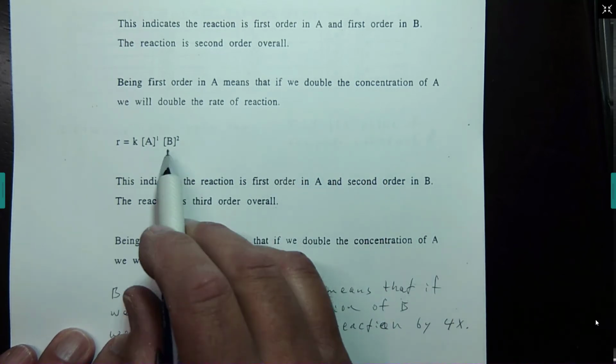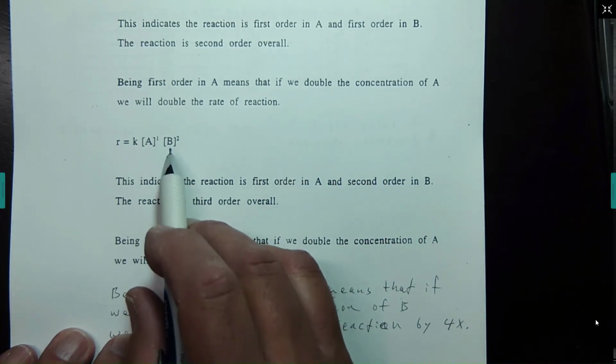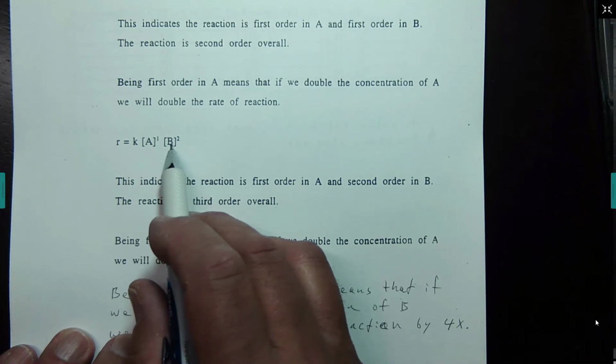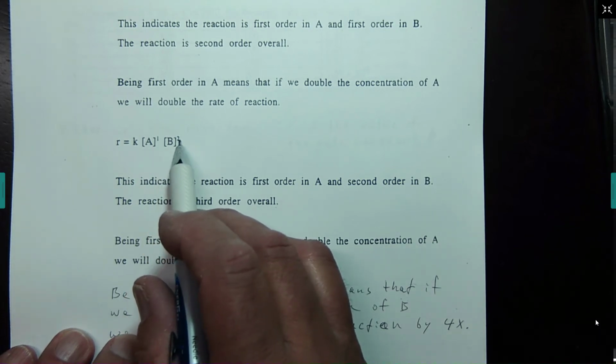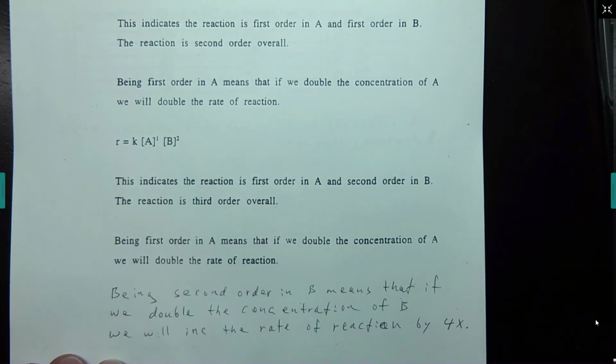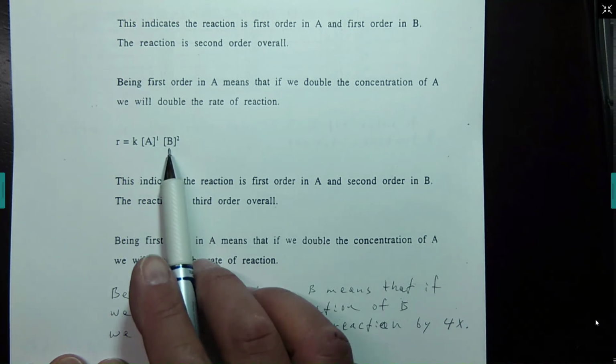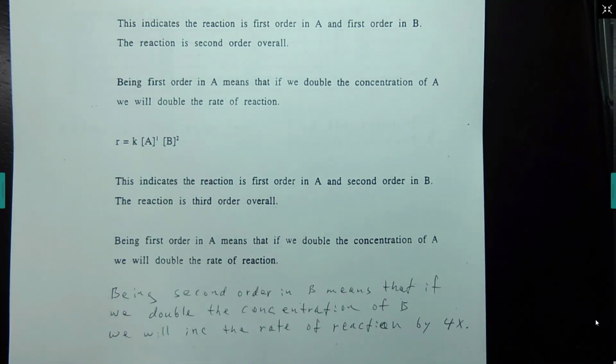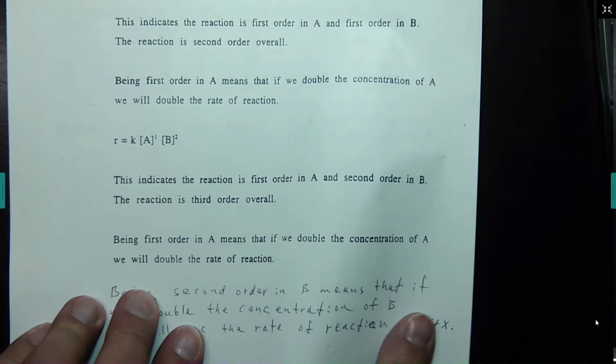So if I make this number twice as high, well, what's 2 squared? 4. So double the concentration of B, and you will quadruple the rate of the reaction. So it's more sensitive to the concentration of B. So again, these orders are sensitivity factors.